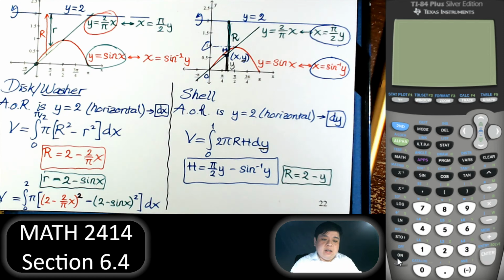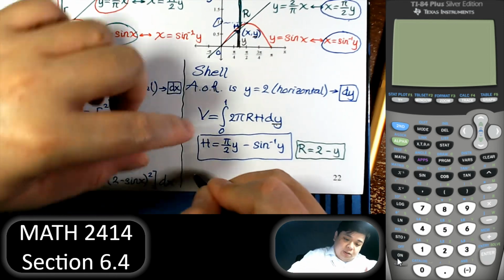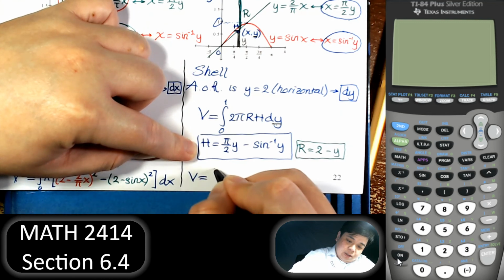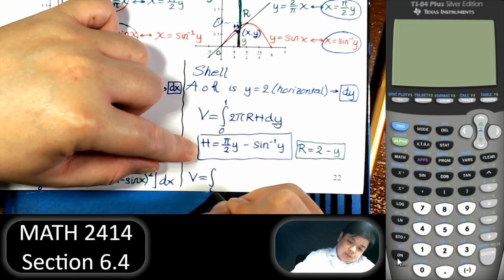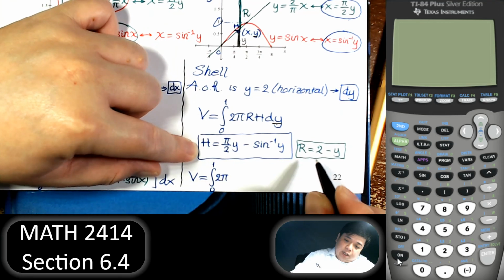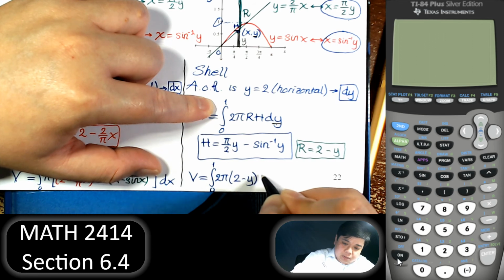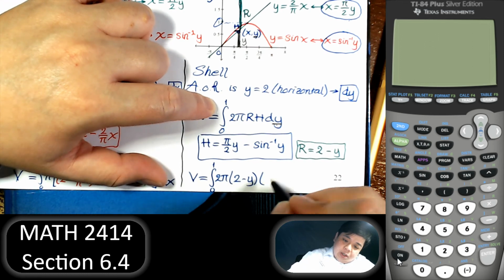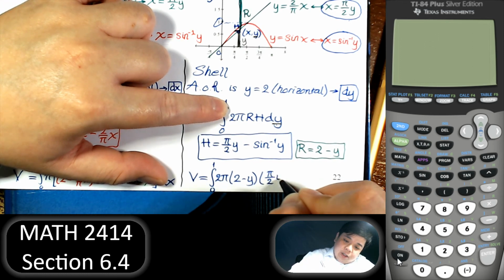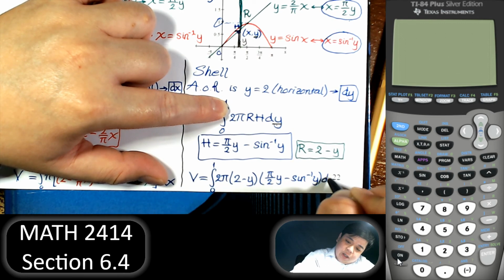So we have that, and then we put it back into here. We have the integral of 2 pi, r is 2 minus y, h is pi over 2 y minus sine inverse y, dy.